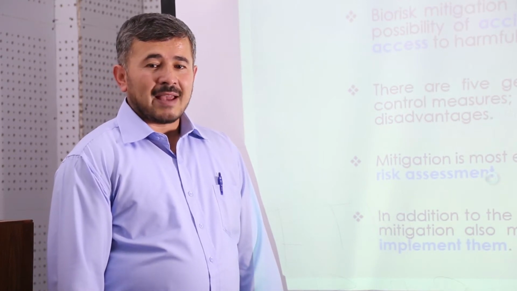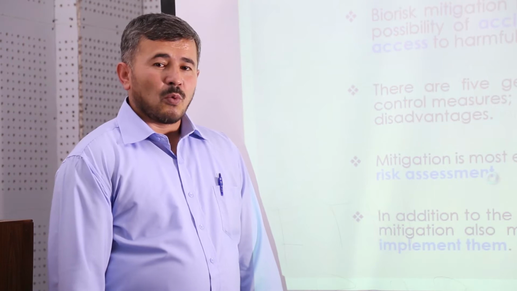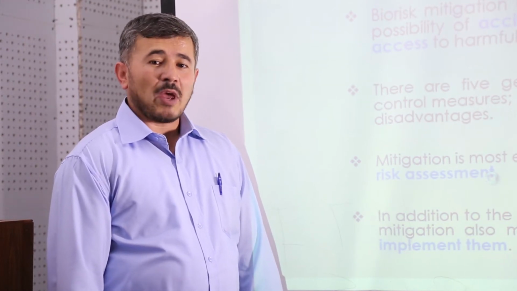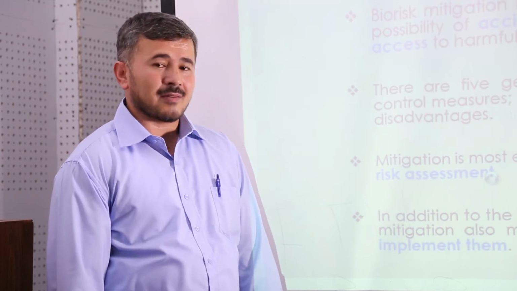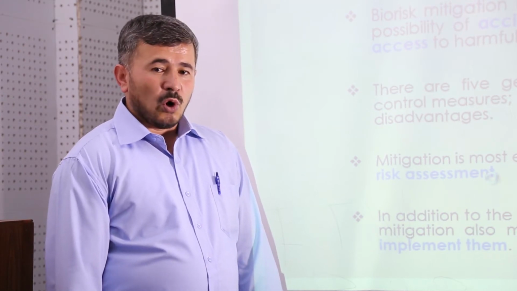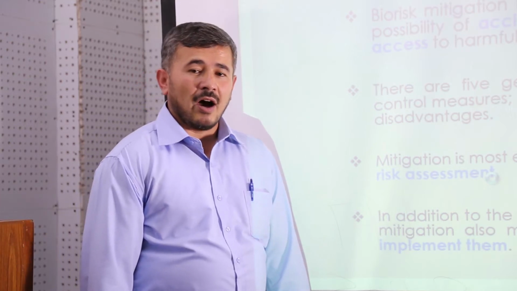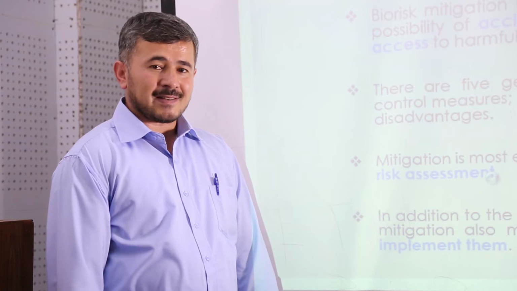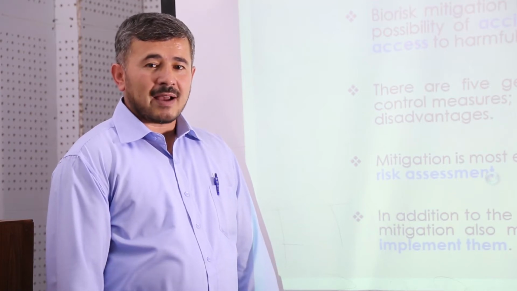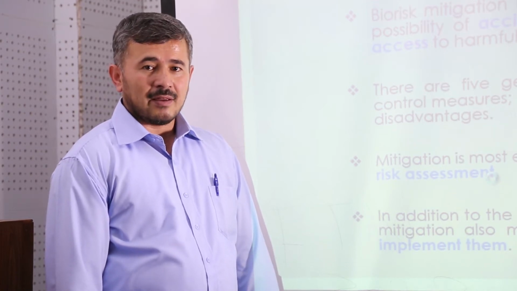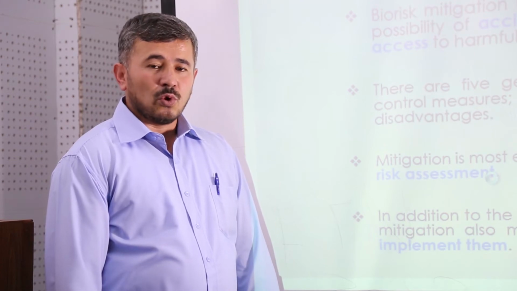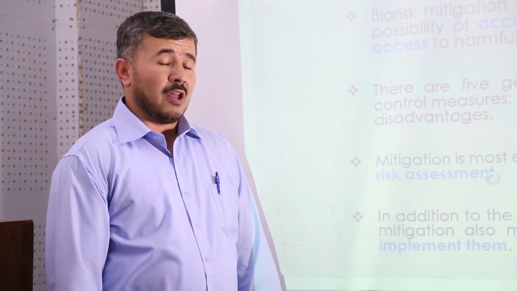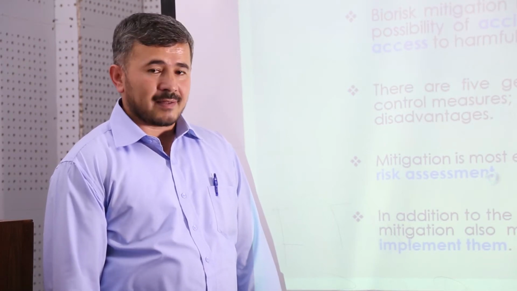Then, based on the level of risk, we can apply the risk mitigation strategies. Then we have to have the ability to implement it. So, in this regard, we do the risk assessment first to identify the biohazard and threat. Then we apply the risk mitigation strategies, then evaluate whether it is working or not.